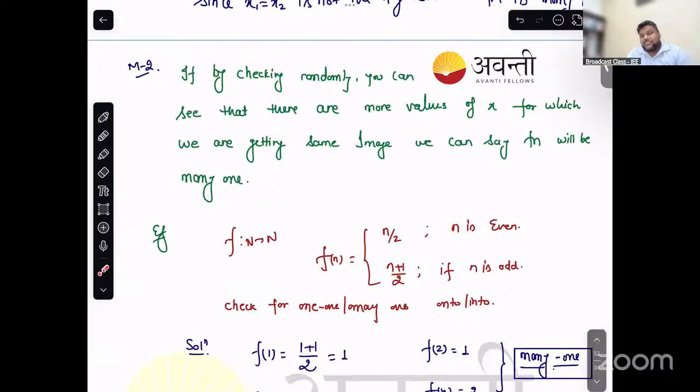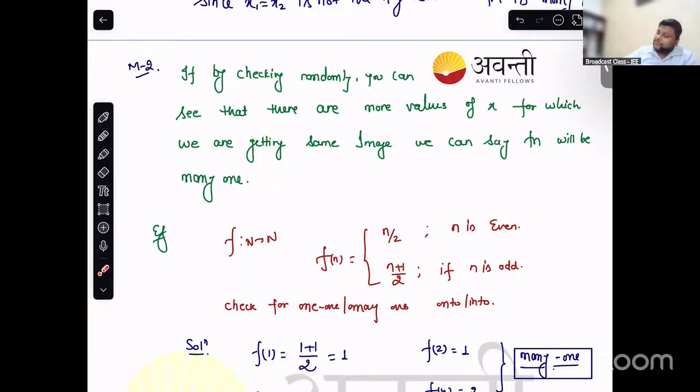Then the second strategy to check for 1-1 many-one is you just put some values. Got it? And if we are receiving same output for any two or more inputs, you can say very confidently that the function is what? Many-one. See, using this method, commenting for a function to be 1-1 is quite critical. Why?